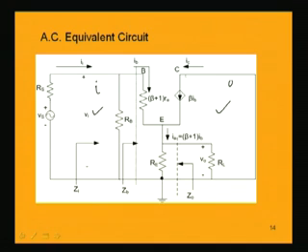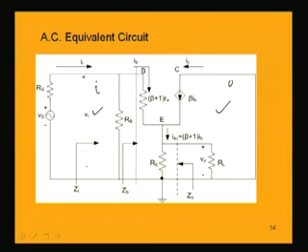Now, the analysis of this circuit can be easily done to find out all those parameters like input impedance, etc. Input impedance can be found out by looking into the input circuit from the input terminals, or from the source rather.